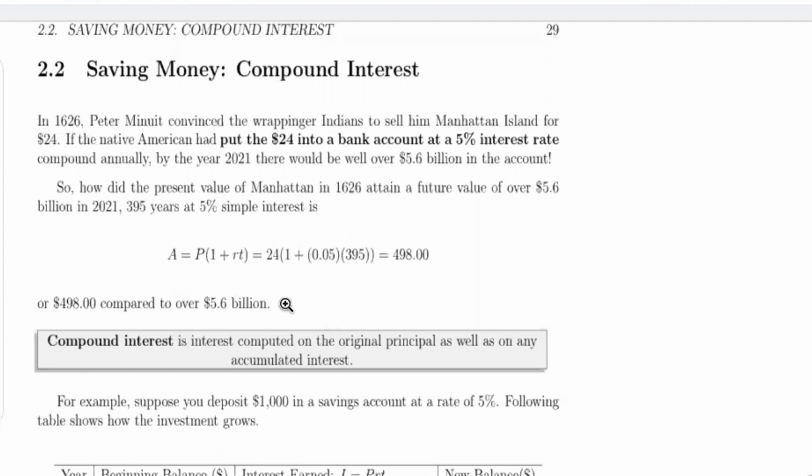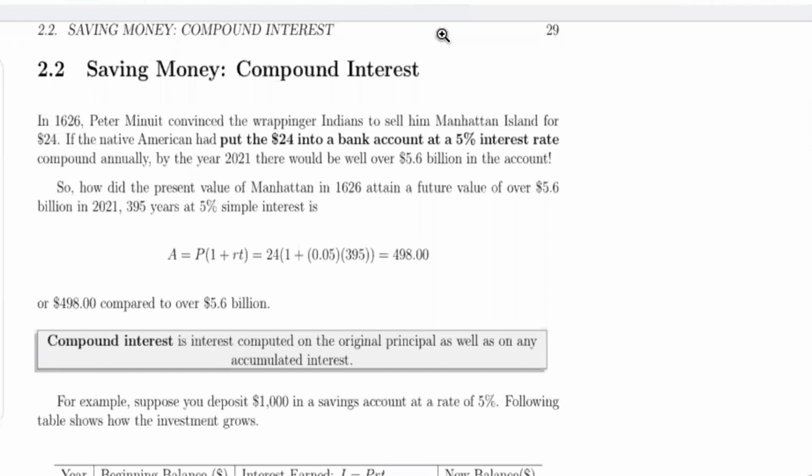In 1626, Peter Minuit convinced the Lenape Indians to sell him Manhattan for $24.